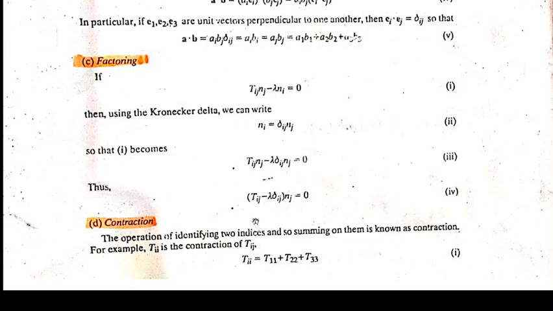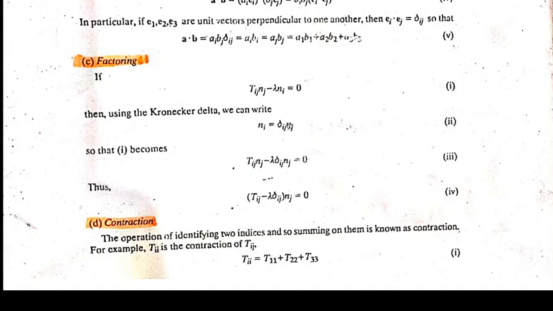Now factorization. We have 2 terms in equation number 1 and we want to write this equation in factor form. Now we have Tij nj minus lambda ni, so we can see that i is free here and j is dummy. So we will use the property of the Kronecker delta.